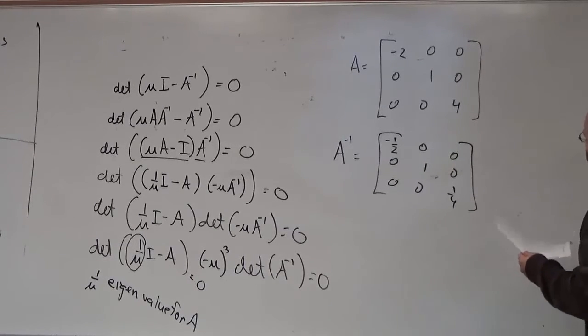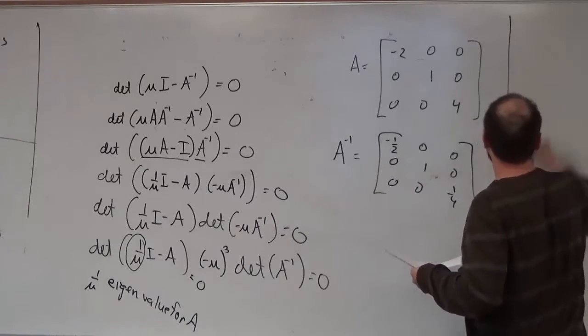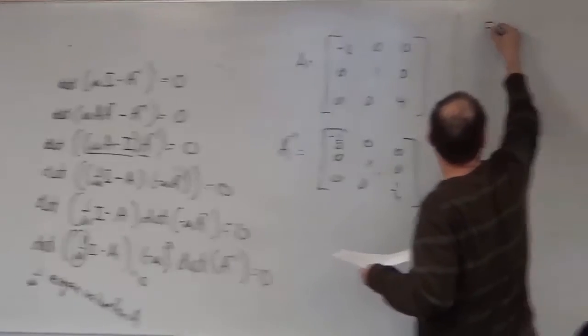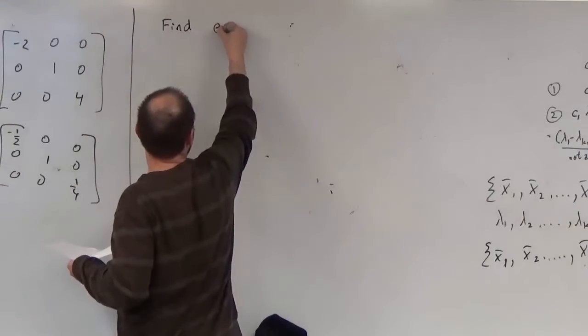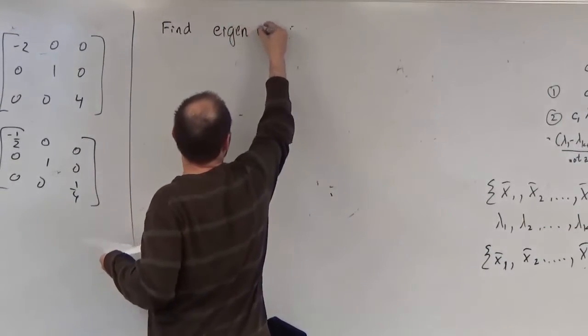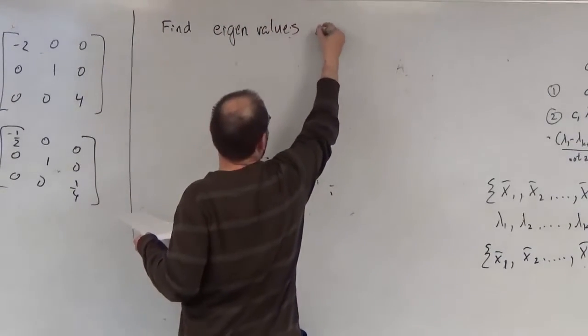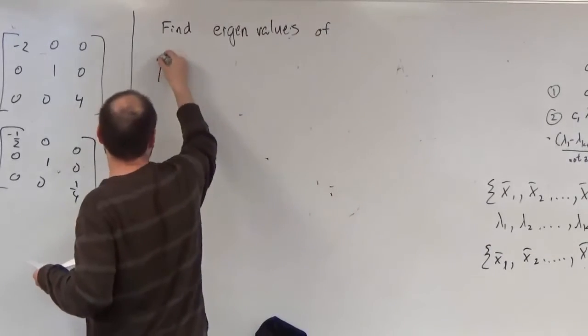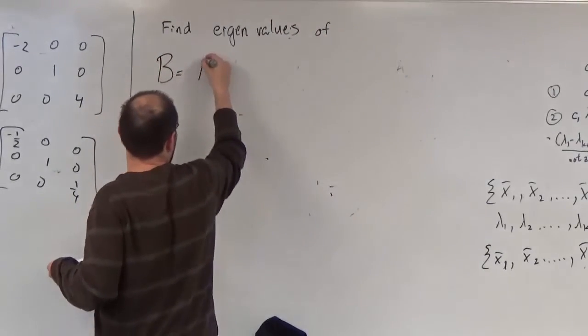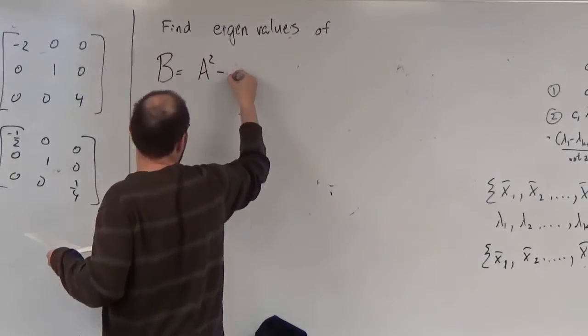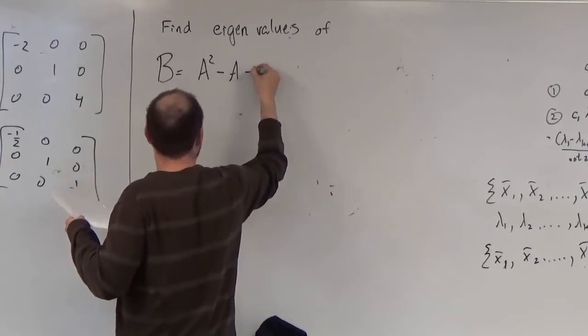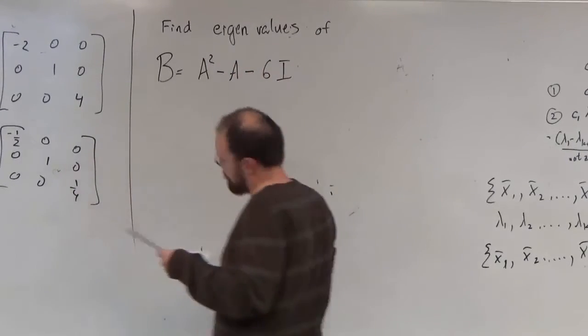All right. Well, suppose next we want to find the eigenvalues of, say, matrix B, defined as A squared minus A minus 6I, right?